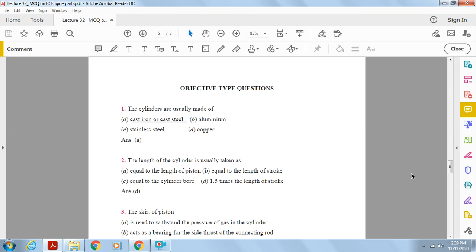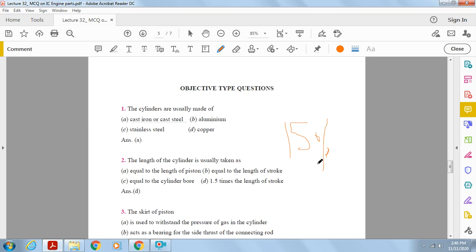As you know, the cylinder length is not always equal to the piston length, and it is not equal to the length of the stroke, because a clearance is always provided above the length of the stroke for design safety. Generally the margin is about 15%.